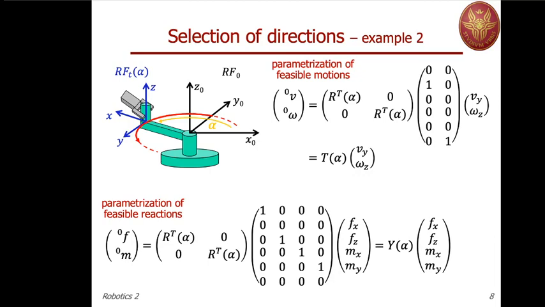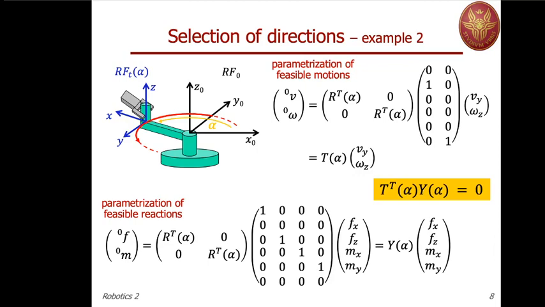And then this reaction wrench should be expressed in the zero frame, and so should be rotated by the same quantity. So the resulting Y matrix, the product of the two matrices in this second formula, will also be a function of alpha. But no matter how, this property still holds.